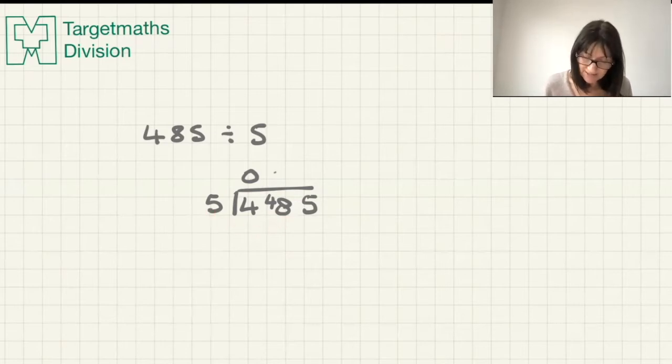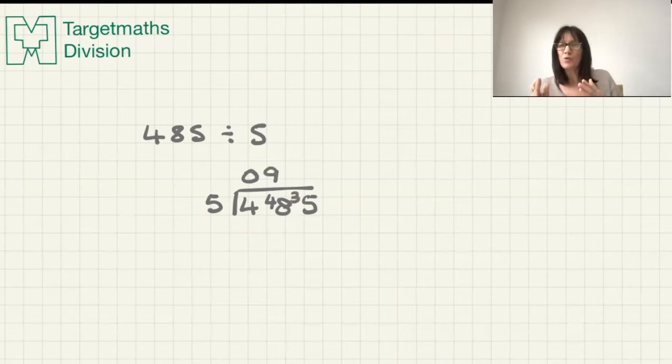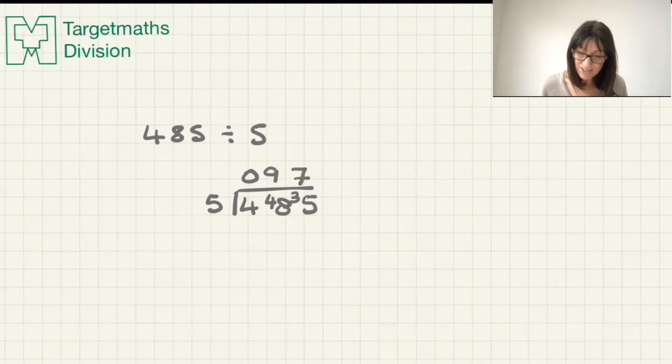The answer to that is 9. 9 5s are 45, so that leaves me 3 to carry over. And I will now be working out how many 5s go into 35 because that's the number I've now created. 5s into 35 goes 7 exactly. So 485 divided by 5 is 97. That's the bus shelter. That's how we approach it and work through it.